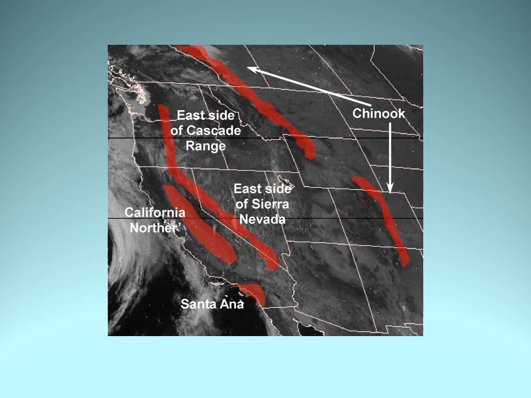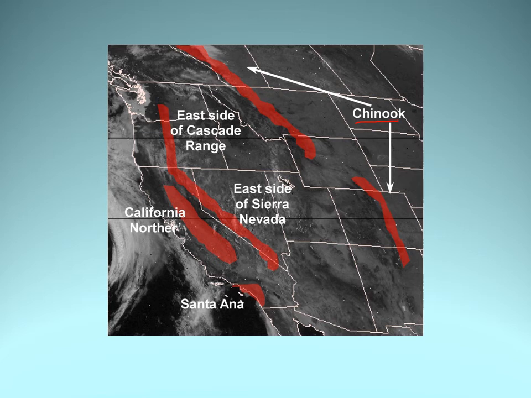Okay, so now we're going to get into chapter 17 a little bit. Chapter 17 talks about downsloping mountain winds. There are various types of downsloping winds. Chinook is a type of downsloping wind that you see east of the Rocky Mountains.